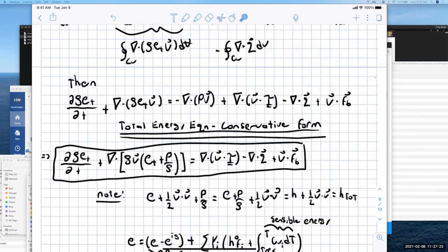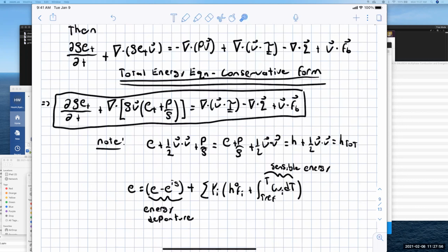But the only term here that may be new is the divergence of v dotted with the viscous stress tensor. Again, this is a legal tensor operation, and going into the details of tensors is way too much for this class. But if you want to learn more about those, fluids one is a great place to learn that stuff. Okay.